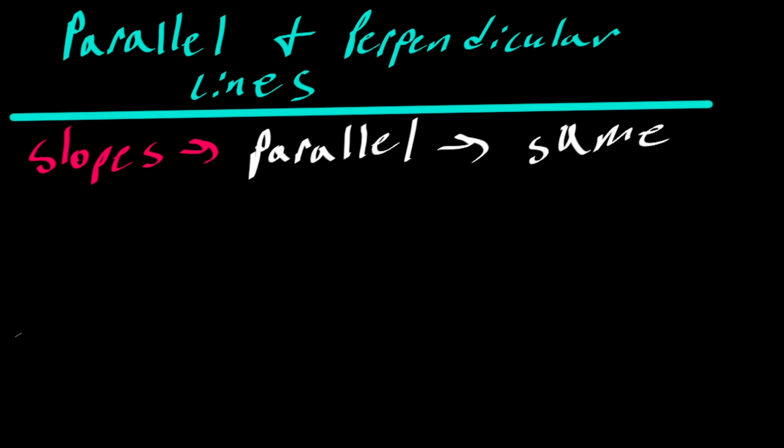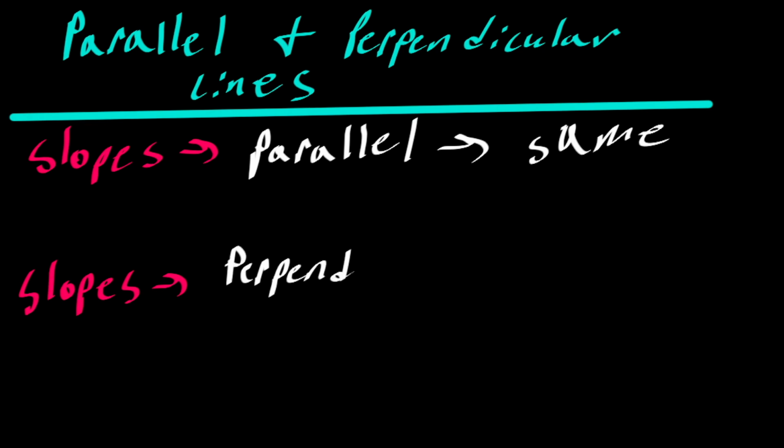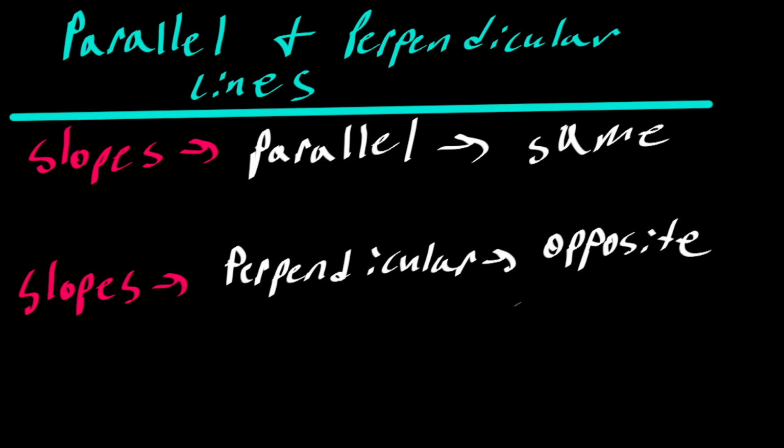Now, the opposite is true for perpendicular. The slopes are not the same, but they're going to be opposite reciprocals.